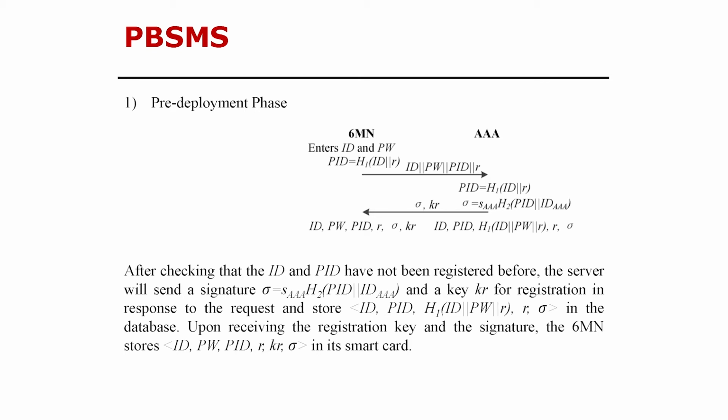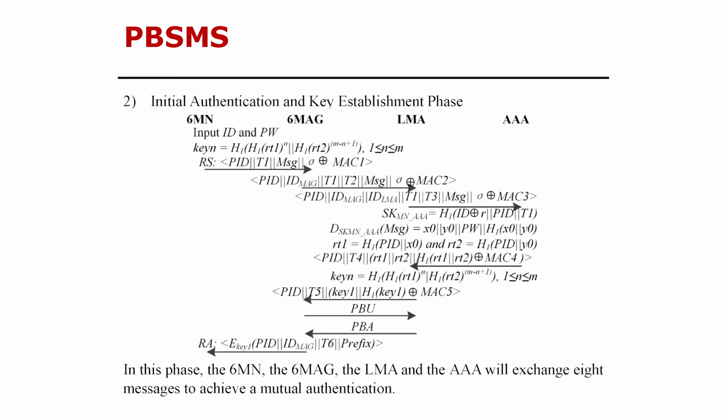I'm not going to go through the details. Anyway, the second phase is called the initial authentication and key establishment phase. In this phase, we perform the first initialization, while the keys are generated and distributed to the mobile nodes.